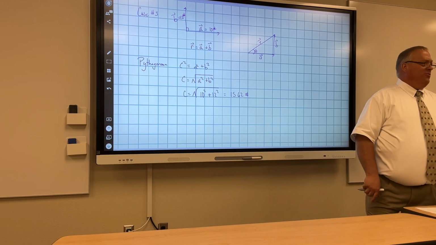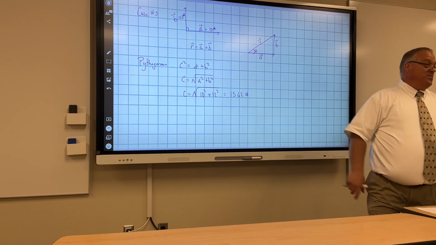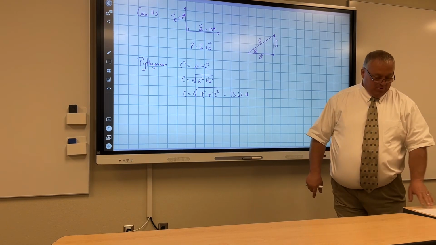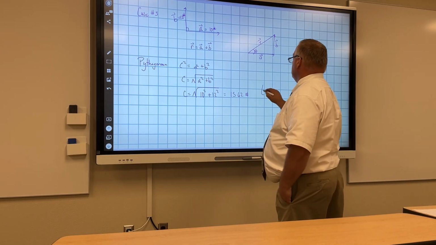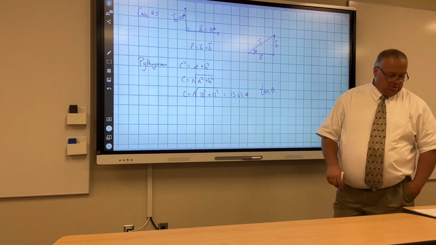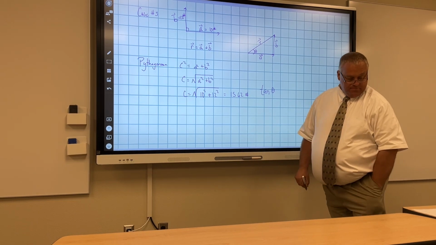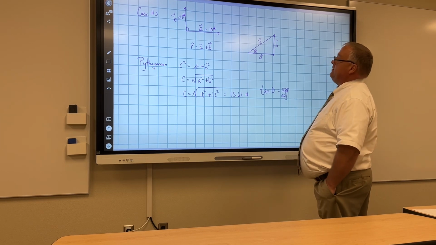SOHCAHTOA, it's named after some infamous Indian tribe, right? The SOHCAHTOA Indian tribe. Well, if we use tangent, tangent of our angle is equal to opposite over adjacent.